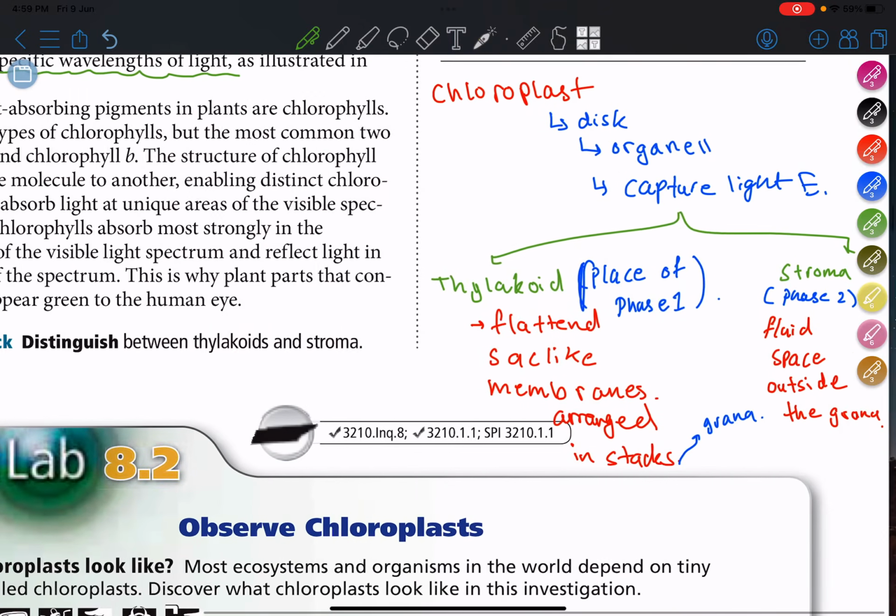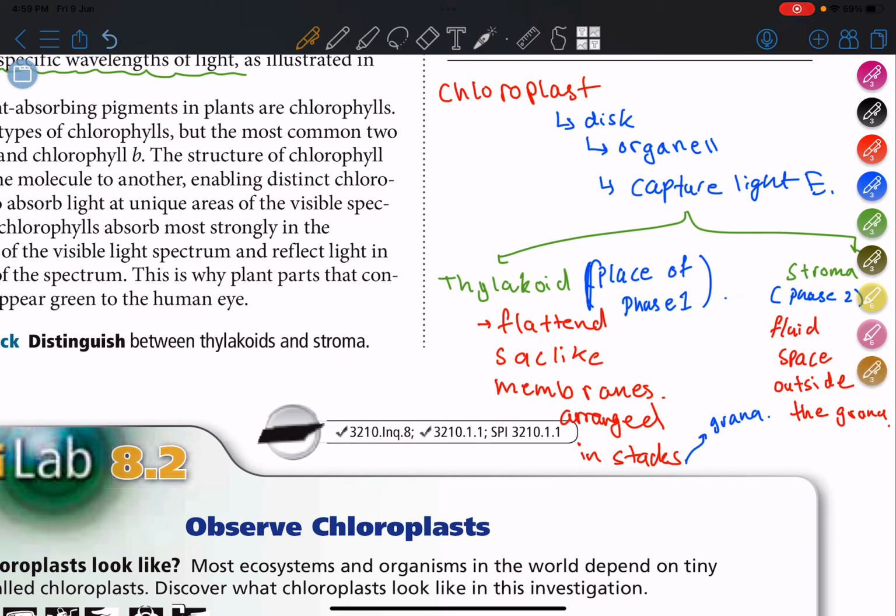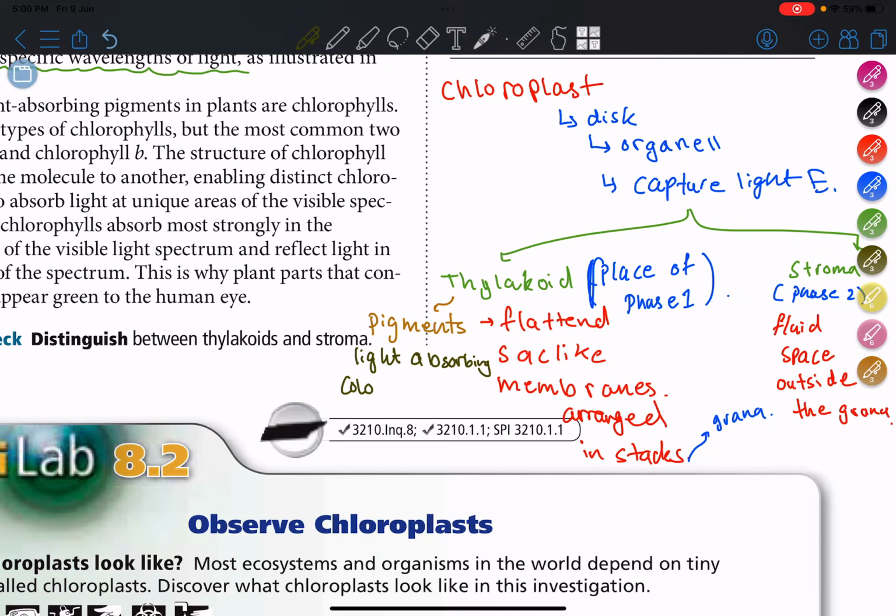So let's add to our little map sheet here. We know that inside the thylakoid we have pigments. These pigments are light-absorbing colored molecules.